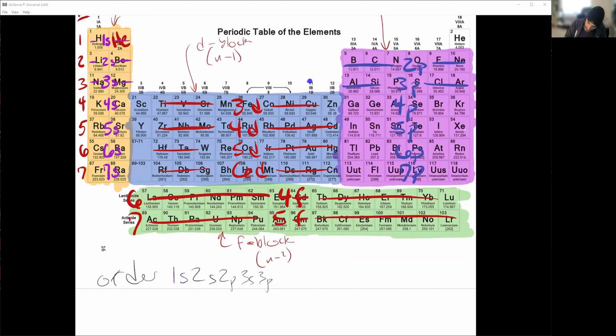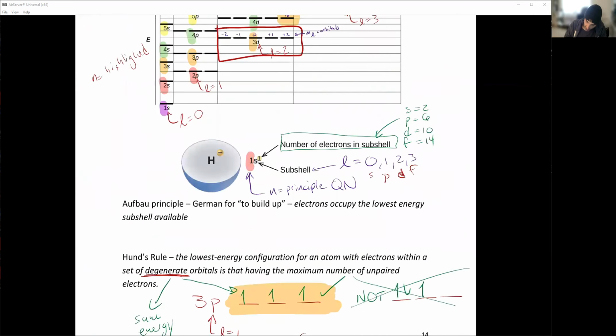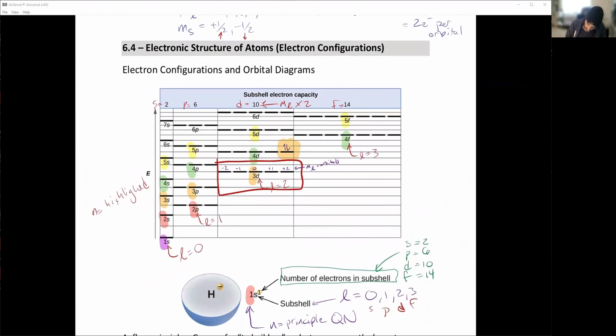What fills after the 3p? The 4s. And then the 3D fills. So this is our first discrepancy. Notice that the 3D fills before the 4p, which is going to be next. So it goes 4s, 3D, 4p. And if we go back to our original, that is in fact the same exact order. 1s, 2s, 2p, 3s, 3p, 4s, 3D.